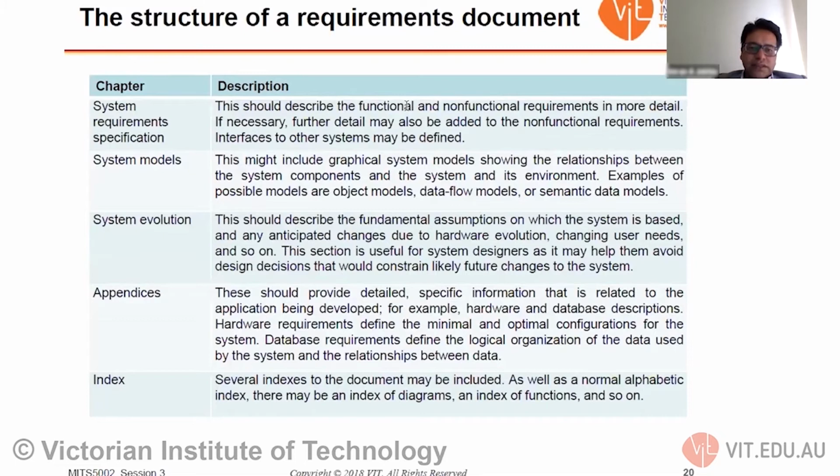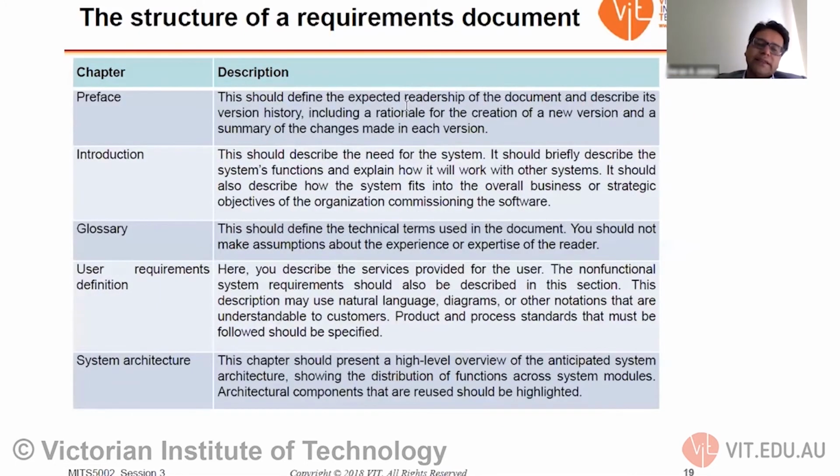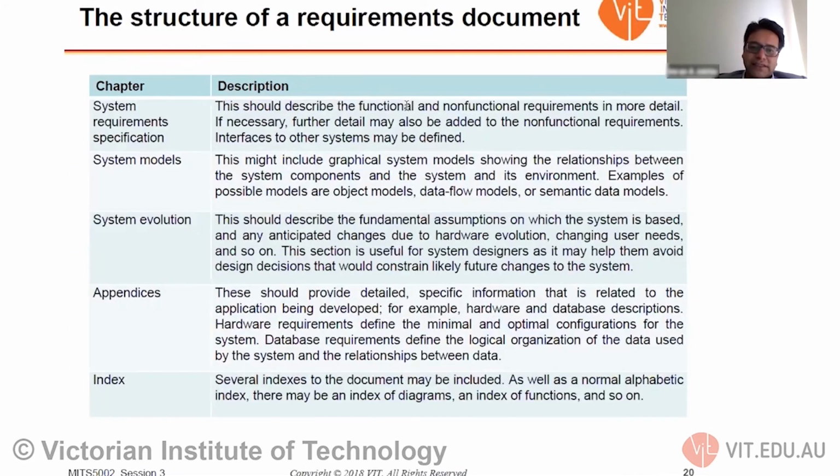Now the system requirement specification. In the user requirements, normally you just define the functional requirements, though you can mention non-functional ones there. But in the system requirement specification, we describe both functional and non-functional requirements in real detail, specifically if they are important or required in the software.